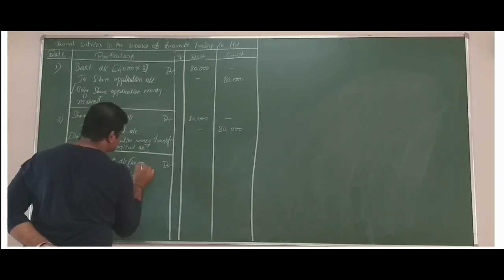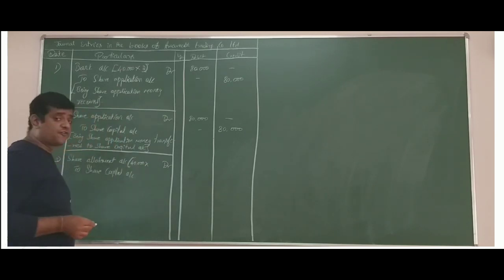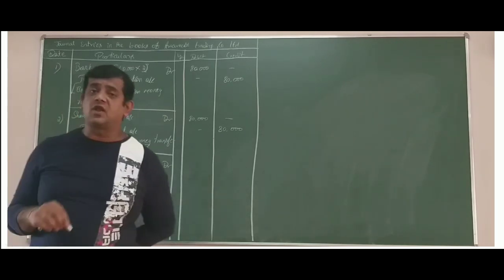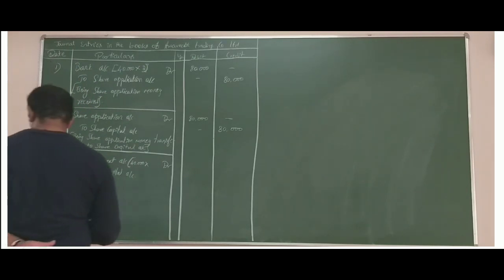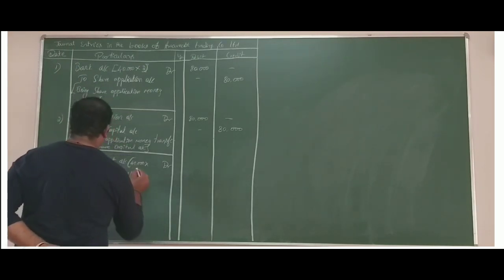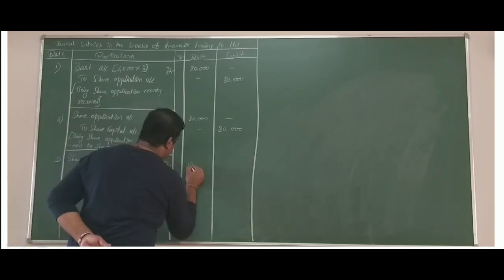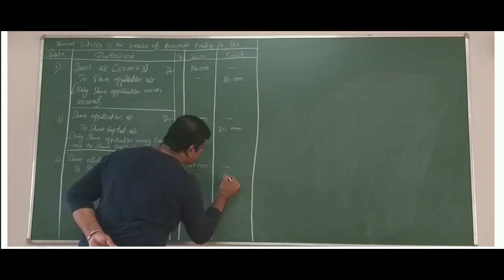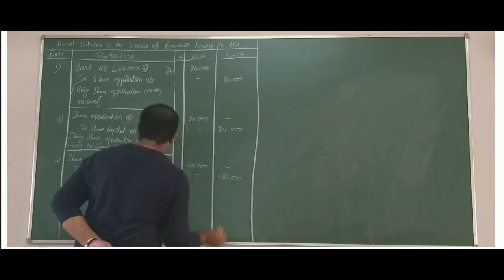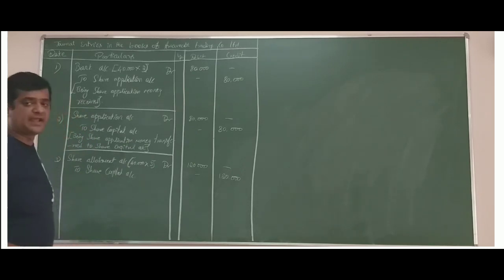How many shares were issued by the company? 40,000. And what is the allotment value? That is the amount called, rupees 3 on allotment. So 40,000 into 3 comes to 1,20,000 and 1,20,000.